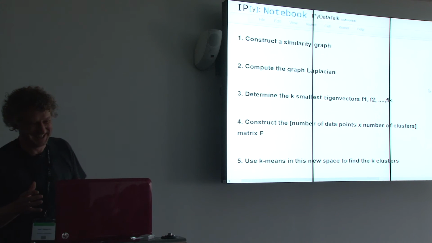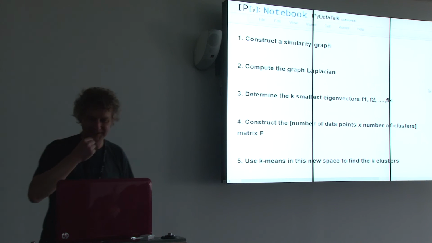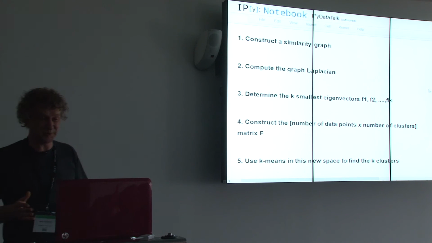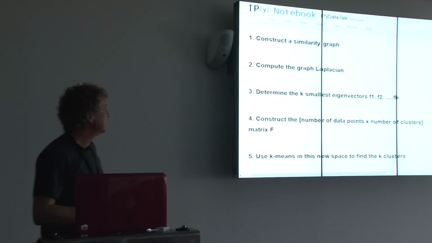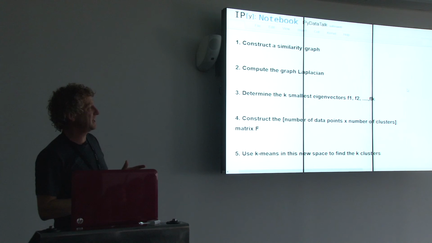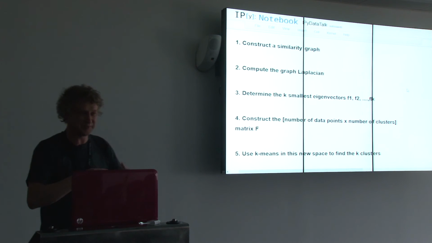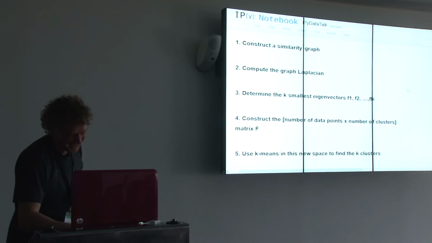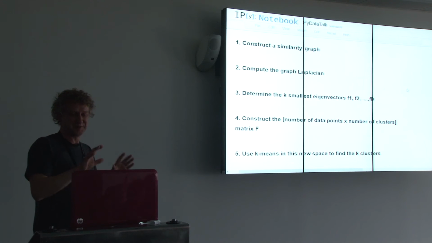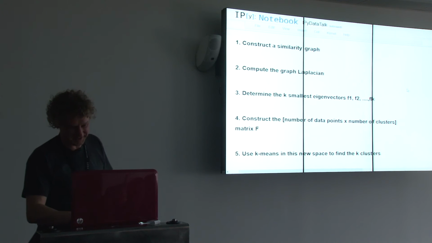Sorry, it's difficult to explain this without it sounding complicated, and it's not. It's very simple. The similarity matrix allows you to build the graph. I'm going to stop here and show you the code. You construct the graph Laplacian, and it's not difficult. I'll show how it's done.